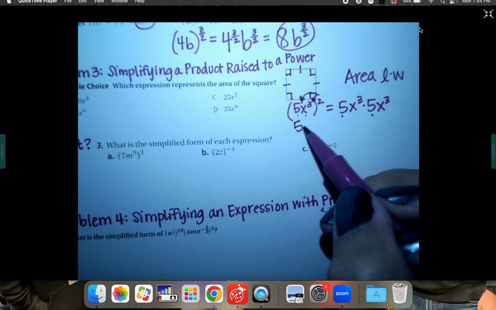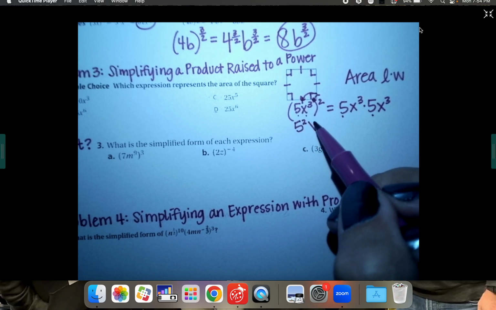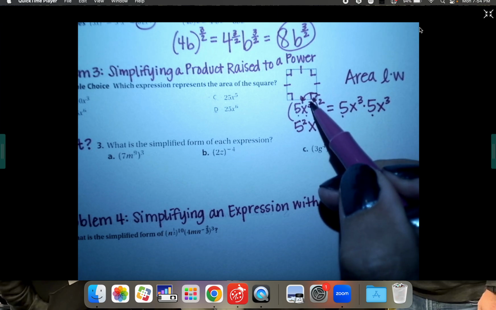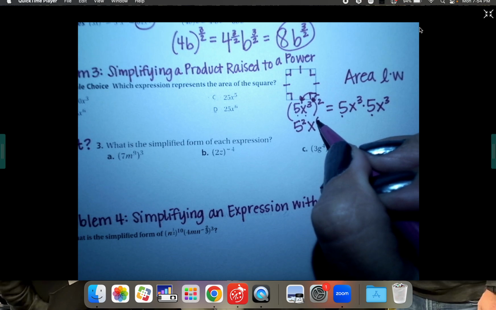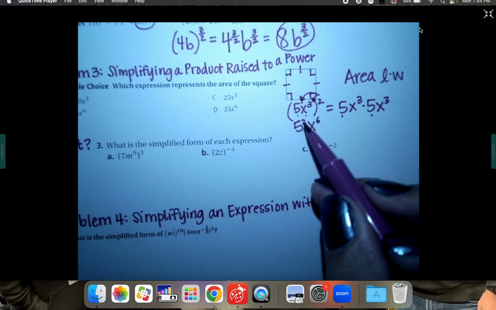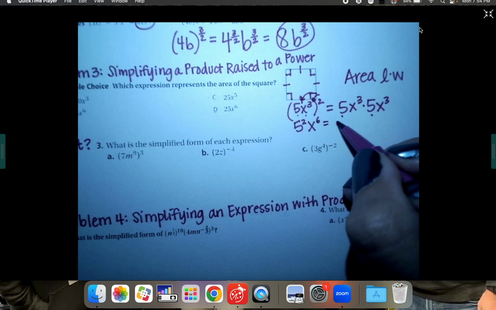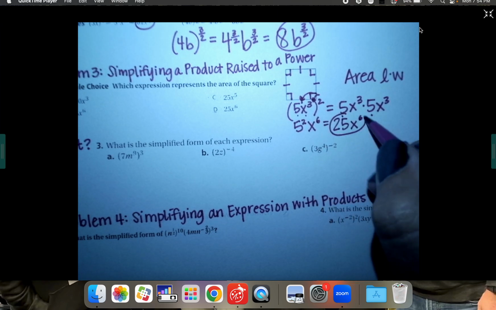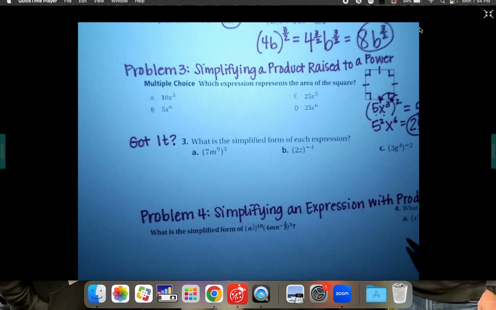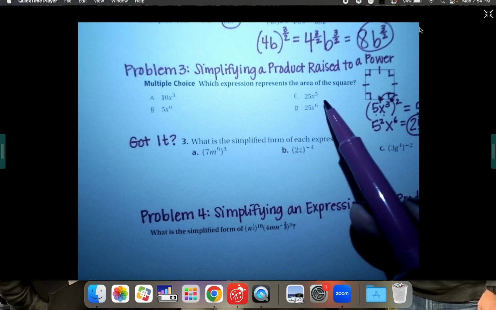So 5 is going to get the squared, and x is going to also get the squared, but these 2 get multiplied because it already had a 3. So 3 times 2 is 6. And then remember, you can go ahead and solve this. 5 squared is 25. So your final answer is 25x to the 6th. And since it was multiple choice, here we go, D.